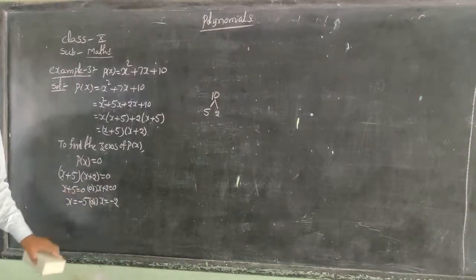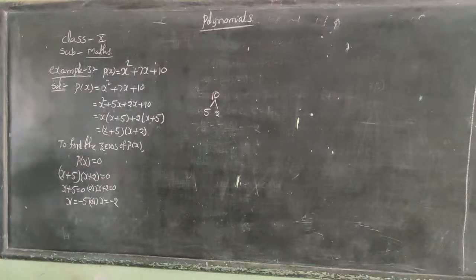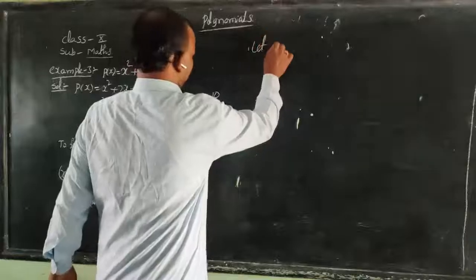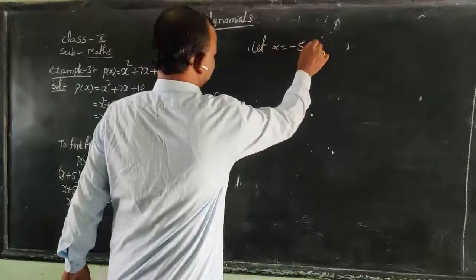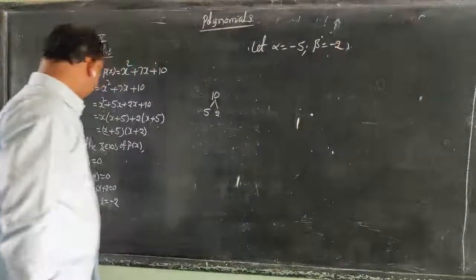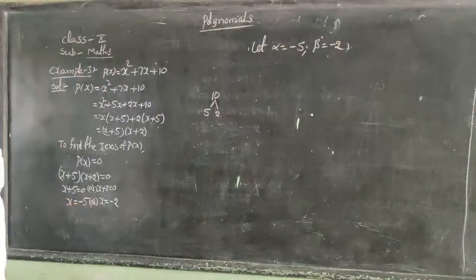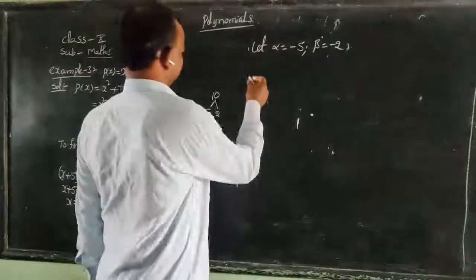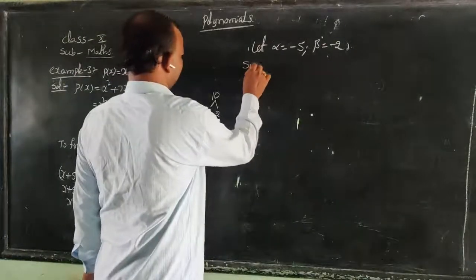Let alpha be equal to minus 5 and beta equal to minus 2.